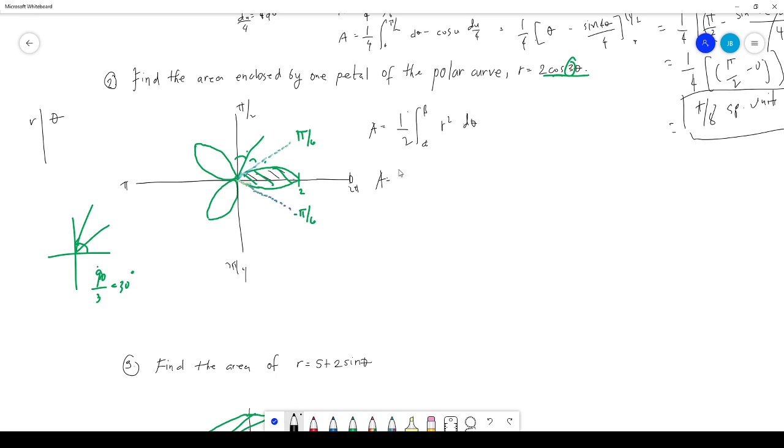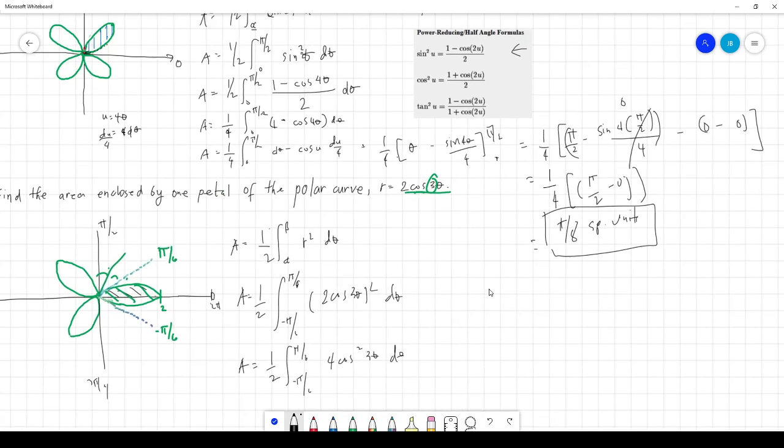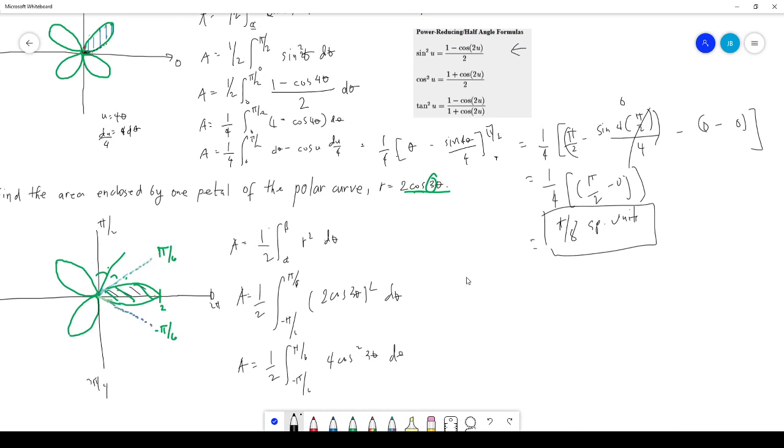So area is equal to 1/2 integral from negative pi over 6 to pi over 6 of 2 cosine 3 theta squared d theta. Simplifying, that's 4 cosine squared 3 theta d theta. We're going to use again the power reducing or the half angle formulas.